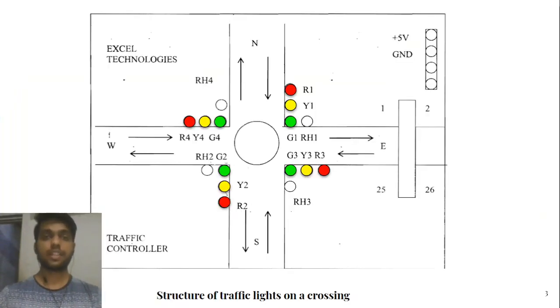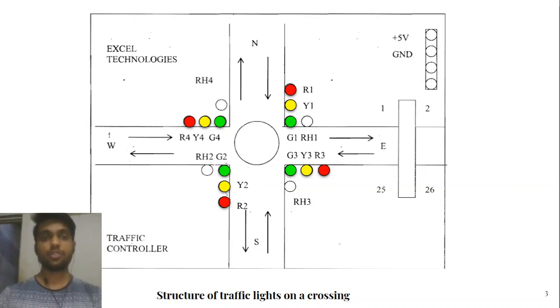Let's take an example of a normal crossing which contains four roads named north, south, west and east, which are denoted by N, S, E, W respectively. Each road will have a set of four LEDs in which the red LED means stop, yellow LED means get ready and green LED means go.